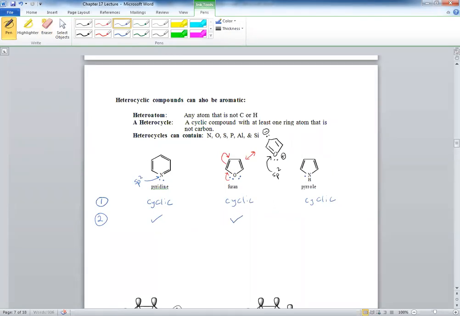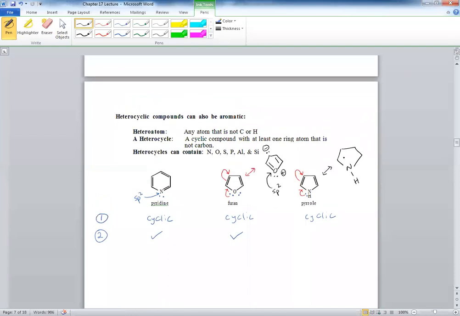And the same thing would apply to pyrrole. Pyrrole would also, again, move those lone pairs just like the previous example. And you would get also a positive charge.